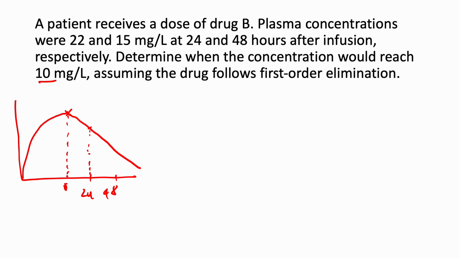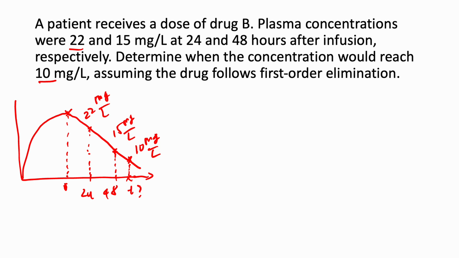At 24 hours, the concentration is 22 milligram per liter, and at 48 hours, the drug concentration is 15 milligram per liter. You are asked to estimate the time when the drug concentration will go to 10 milligram per liter. What's the time point here?